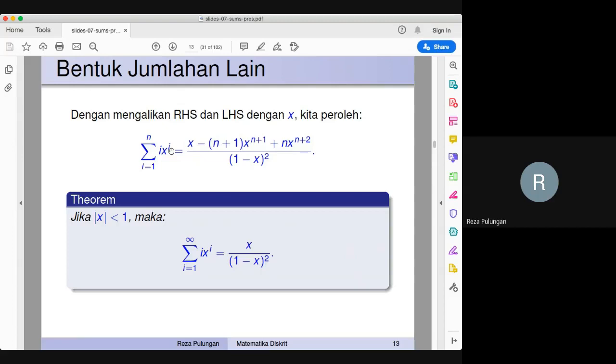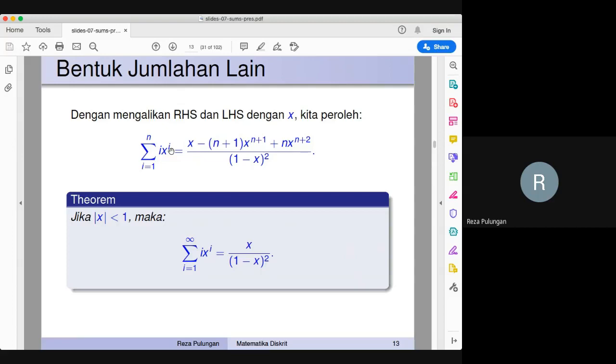Now, sometimes the summation can be a little bit complex, a little bit involved. Don't be afraid. You just have to look at how to manipulate them. Look at how to use, for example, derivative or integral and so forth to solve it.